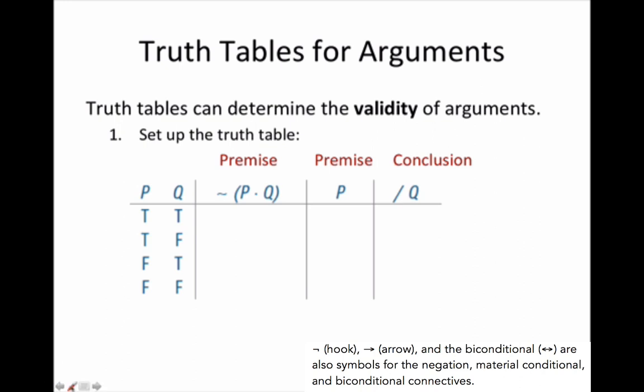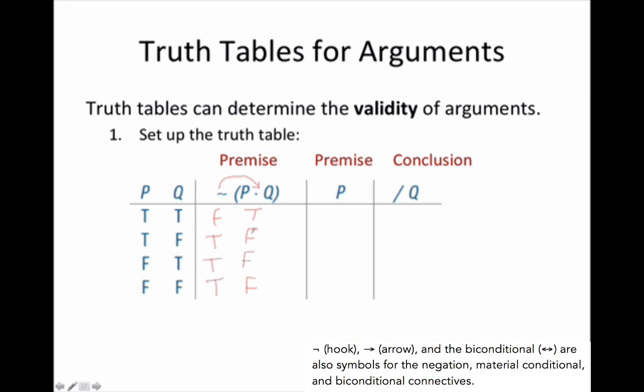Let's work through this together. So P conjunction Q yields the following values. We then negate those values.